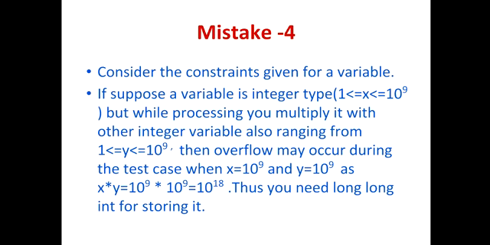Now if you multiply both of them, you will get 10 power 18, but it cannot be accommodated in an integer type variable. So it is better to take long long for storing the product of these two variables. Thus it is very important to check that you are storing the value in the correct type of variable and the case of overflow is not occurring.